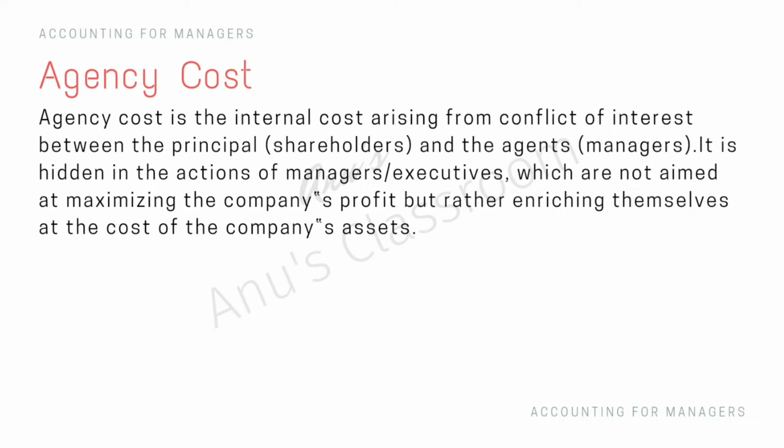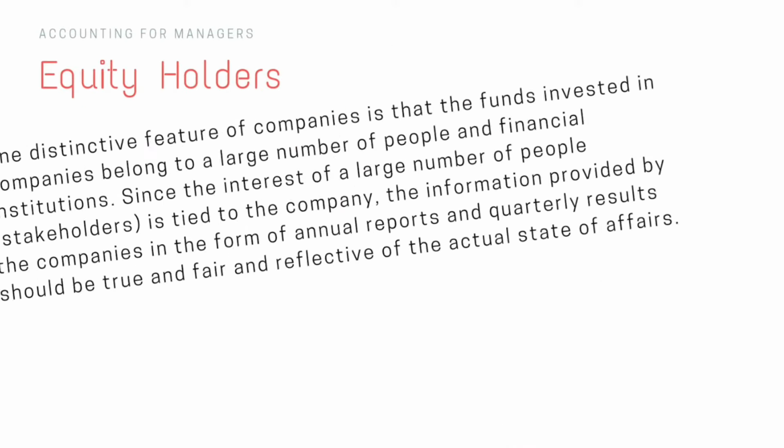It is hidden in the actions of managers or executives, that is us, after we complete MBA, which are not aimed at maximizing the company's profit, but rather at enriching themselves at the cost of the company's assets. That is agency cost.